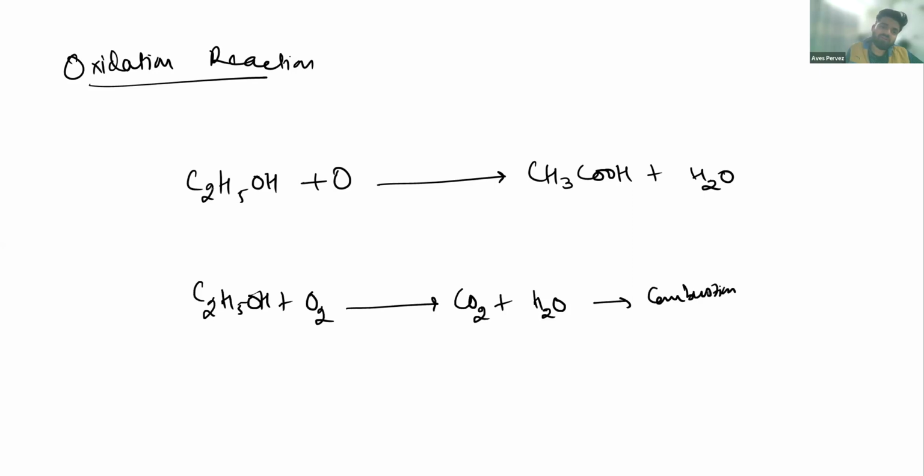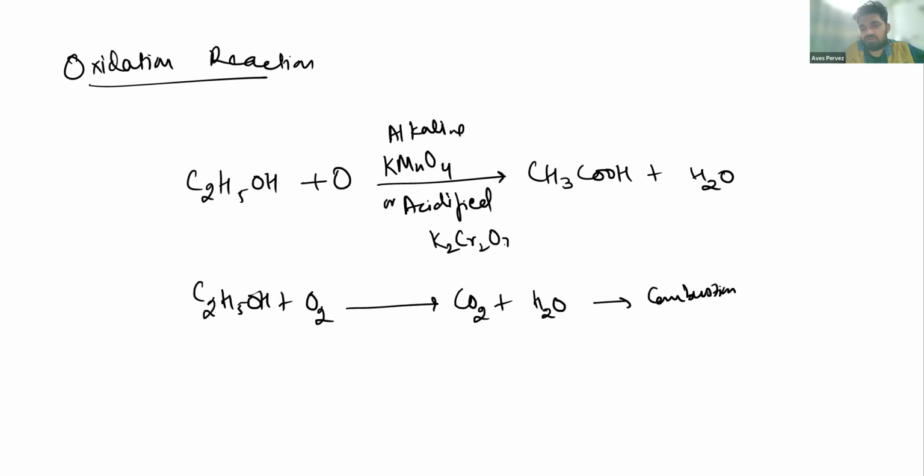But if C2H5OH is given oxygen by an oxidizing agent, that is alkaline KMnO4 or acidified potassium dichromate, K2Cr2O7, then it gives you nascent oxygen.